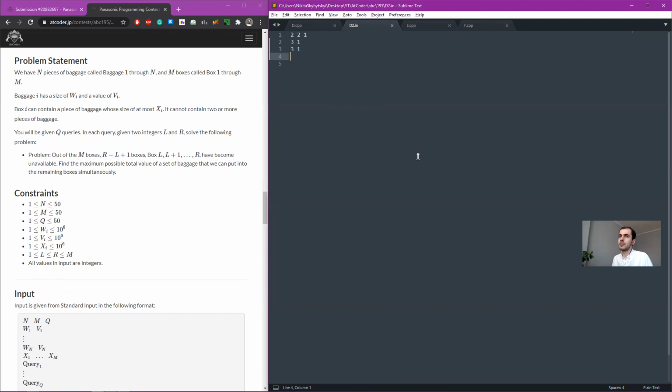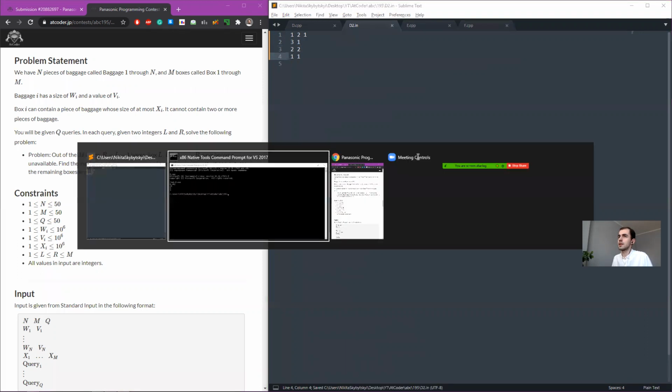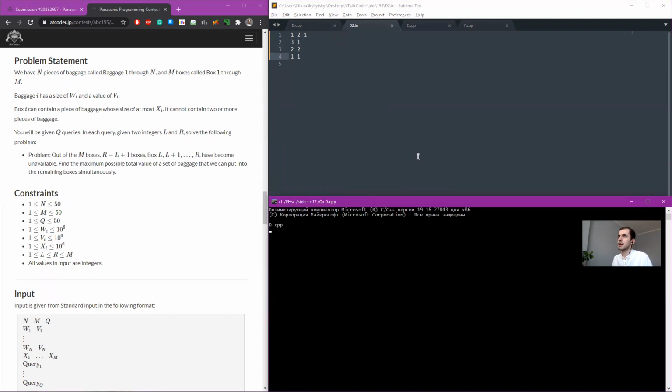Now the boxes that we have, let's say, yeah, actually we could make it this one. Now we have 2 boxes, both of size 2, and the query we're going to ban is from 1 to 1. I think that now we get the answer of 0 because we break.